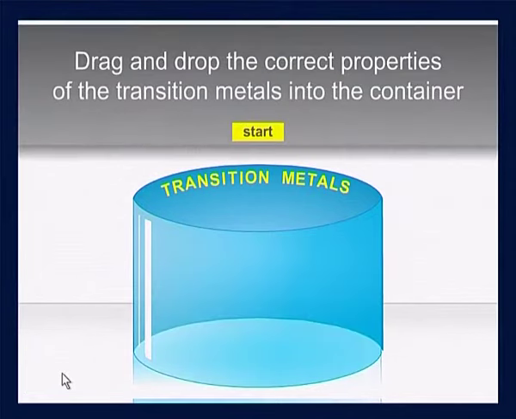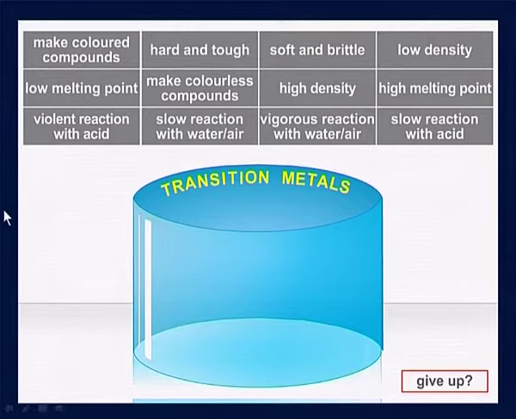Now I am going to give you one task. I have mixed some of the properties of the s block elements with the d block elements. You have to identify which of these properties are for transition elements and which are for non-transition or s block elements.